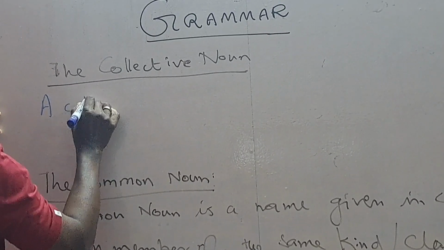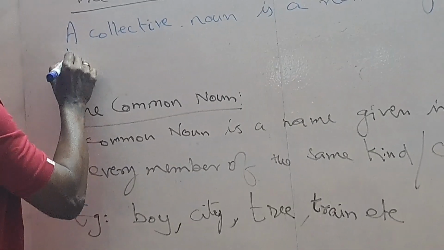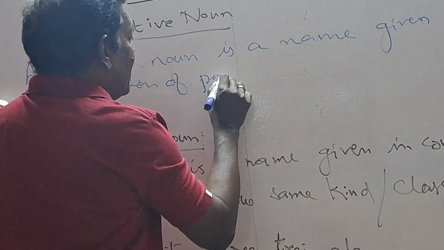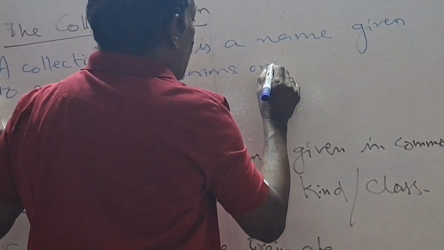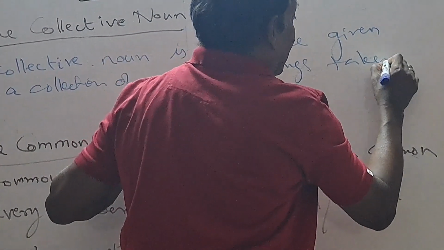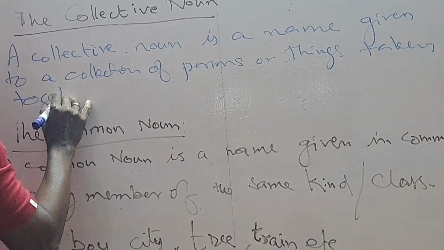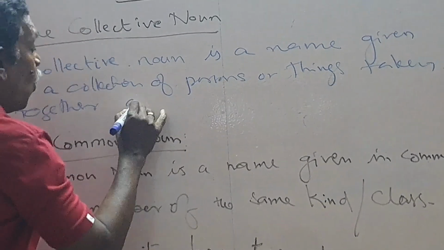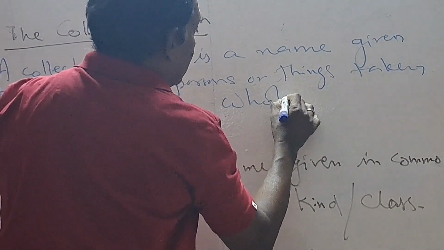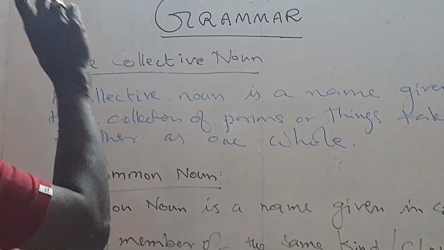A collective noun is a name given to a collection of persons or things taken together as one whole. All the members should be taken together as a whole and the single word will represent.